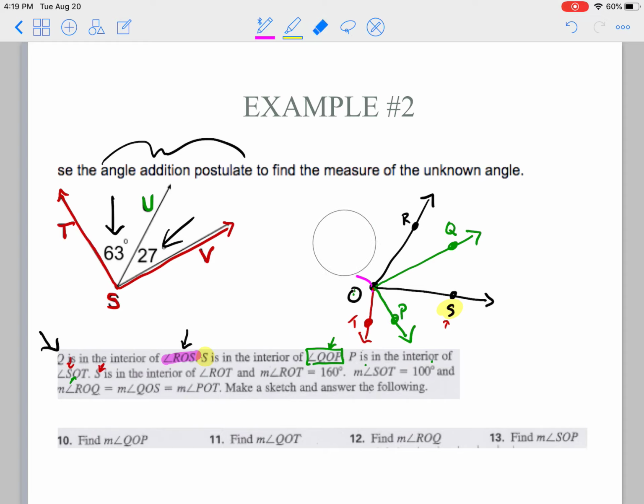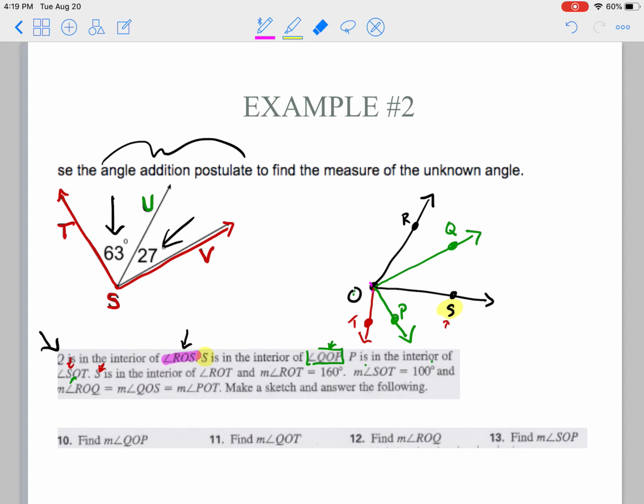So I need to draw my R so that ROT is between, actually I already have my R. Look at that, fortunate enough. I have my ROT. S is in the interior of ROT. We're good to go. So here's my R. And there's my T. There's the O. Fortunate enough, we don't even have to draw another one.